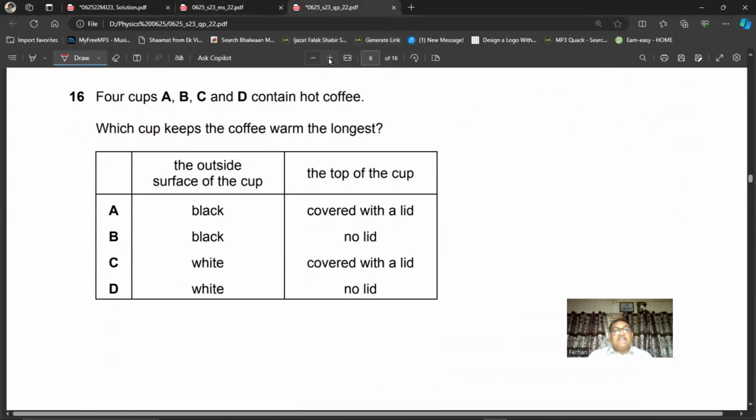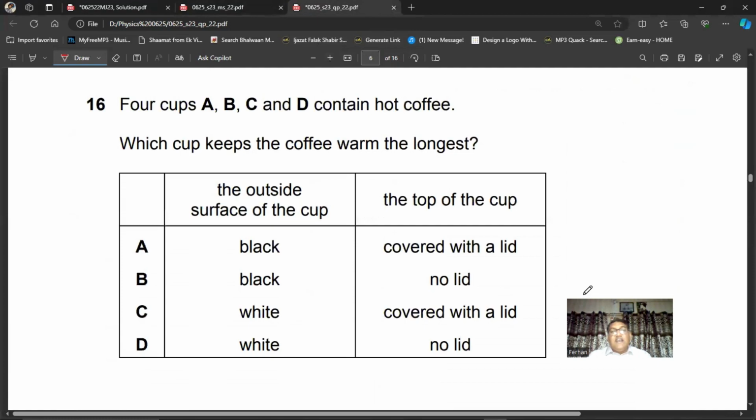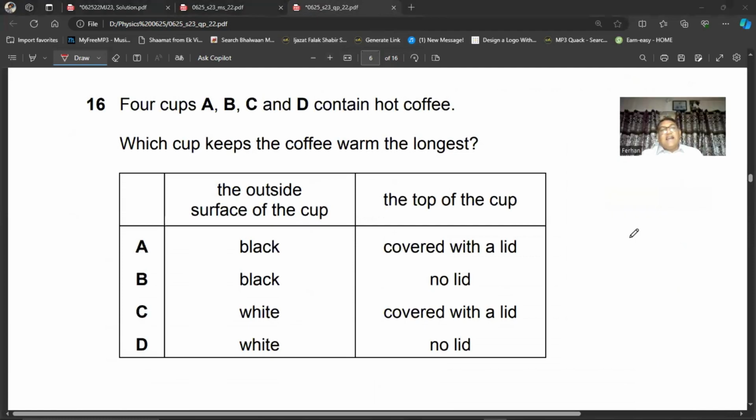That is question number 16 on your screen. He says four cups A, B, C, and D contain hot coffee. Which cup keeps the coffee warm the longest? That cup will keep the coffee warm longest from which the heat loss is a minimum.